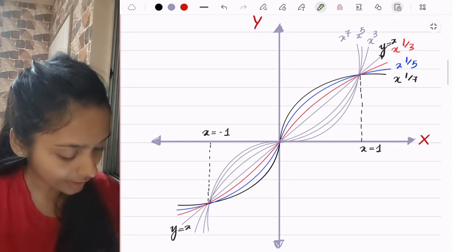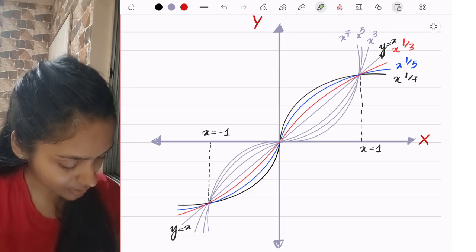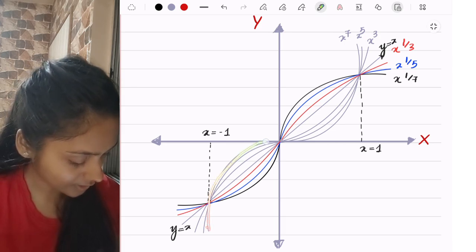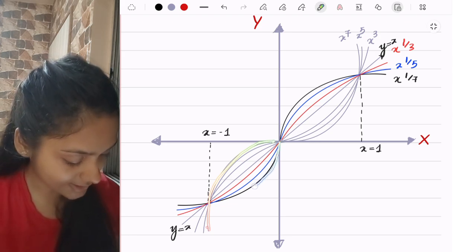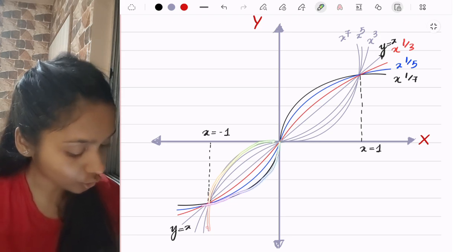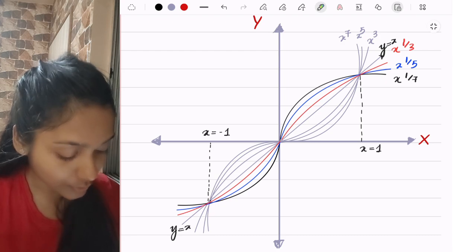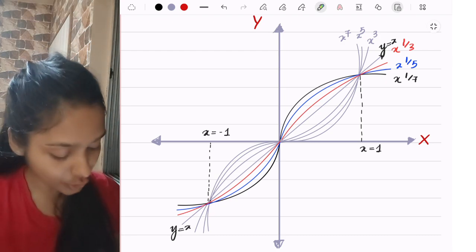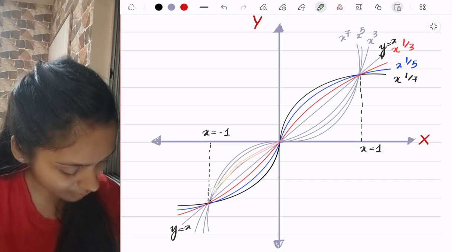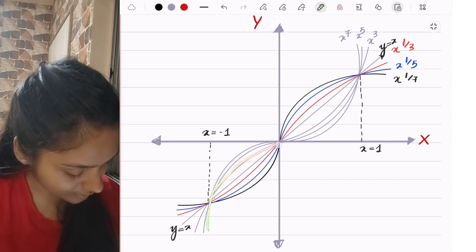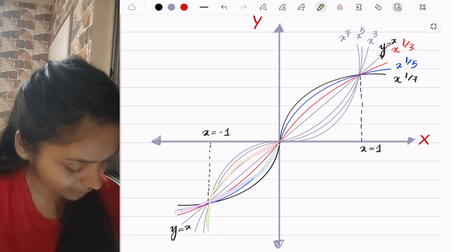Here again, the graph nearer to y equals x is the x cube. So this one is the x cube graph, and this one is the x power 1 by 3 graph.